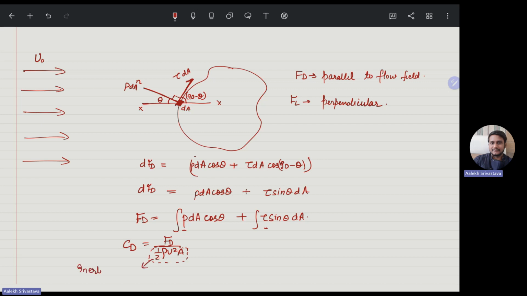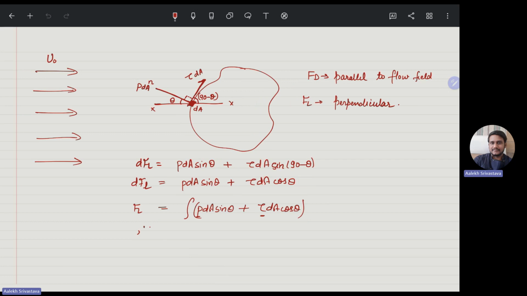Inertia force is characteristic of pressure difference. Now this is the coefficient of drag. If you know the coefficient of drag, you can multiply it with the inertia force to get the total drag force.